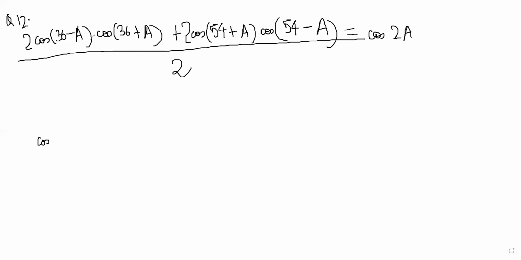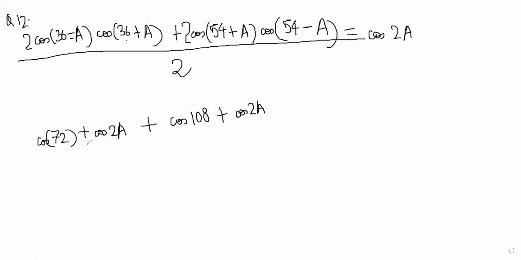This will become cos of (a plus b), which will be cos 72, plus cos of (a minus b), which will be 36 minus a minus 36 plus a, which is cos 2a only. And the other one is the same thing, so cos of (a plus b) is cos 108, and cos of (a minus b) is again cos 2a only.